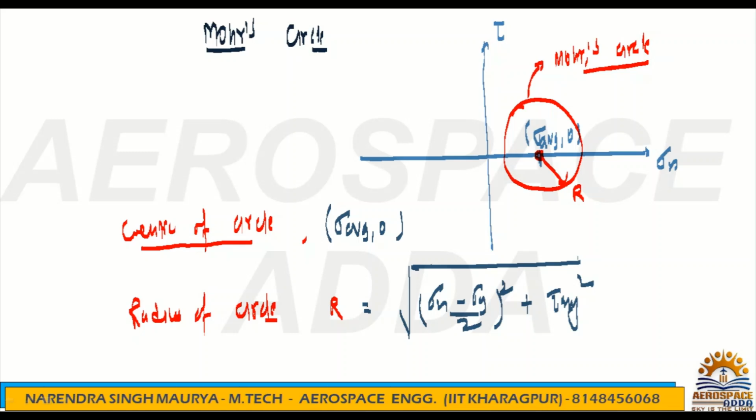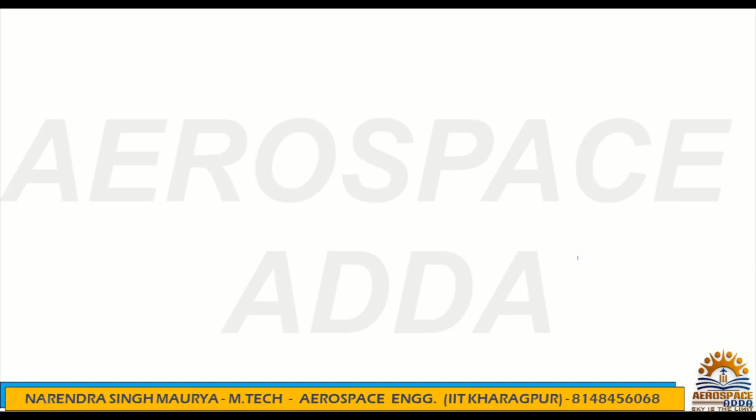Now coming to how to draw it, the construction of Mohr circle. That is very important, and that we have to perform now. So first I will go for the construction. Very common points for the construction we have to write.